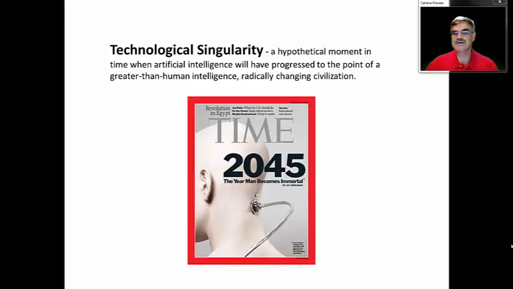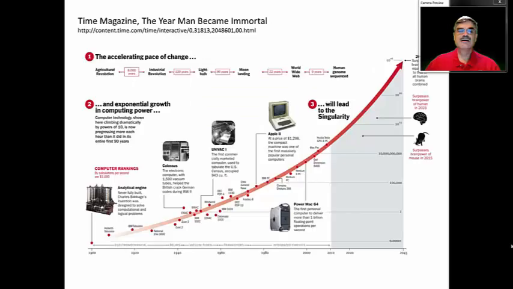This was the topic of a Time magazine story in 2011, which showed this timeline of information science, computer science, and the developments through the ages, and the prediction that by about 2015 computers would surpass the brain power of a mouse, okay, but that in 2023 they would surpass the brain power of humans, and by the year 2045 computers would surpass the combined brain power of the human populace.